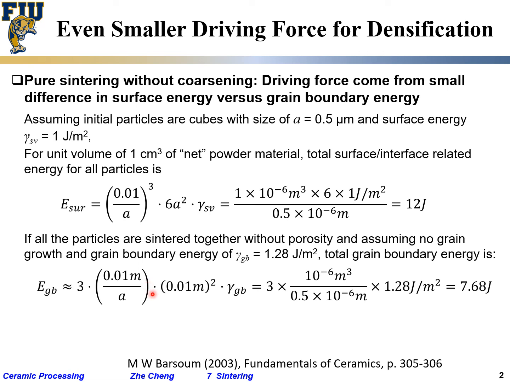Because you remember the area is the same, and you are just repeating the area. You're just repeating for how many times? For this many times. And then 3 directions, top, front, side, 3 directions instead of 6 directions. Okay, and then we plug the number in, we get a number of 6.68 joule.